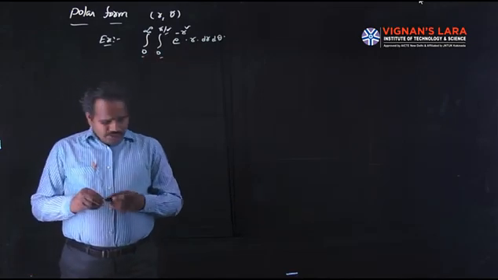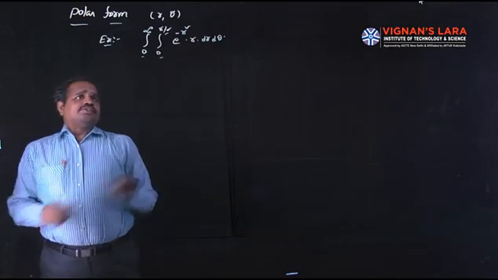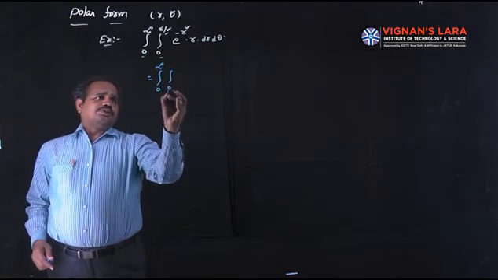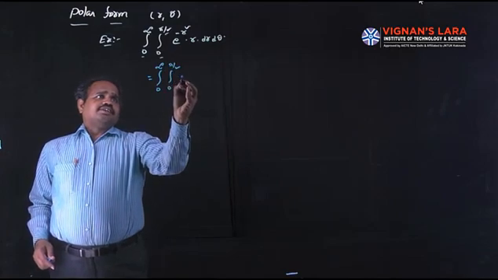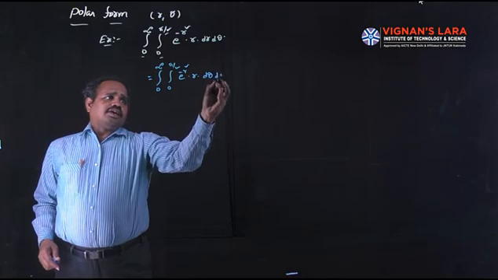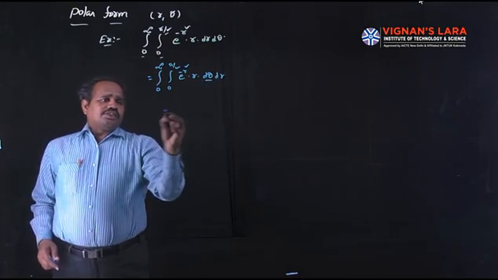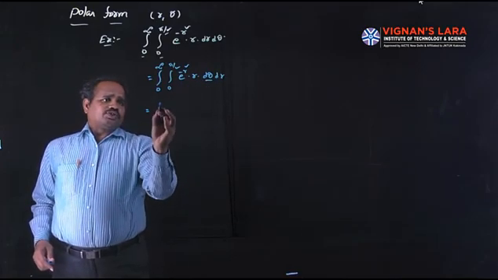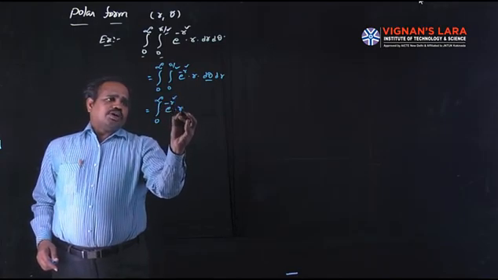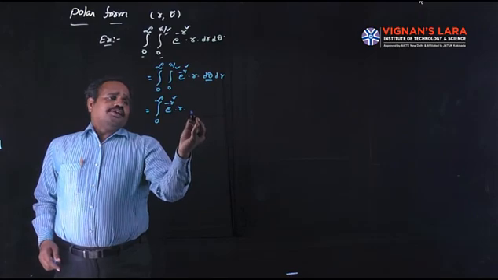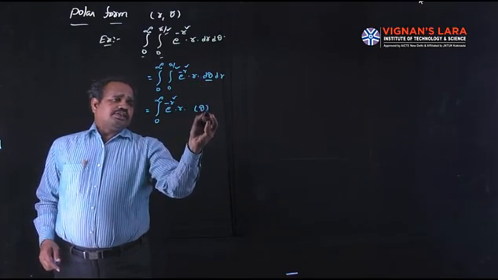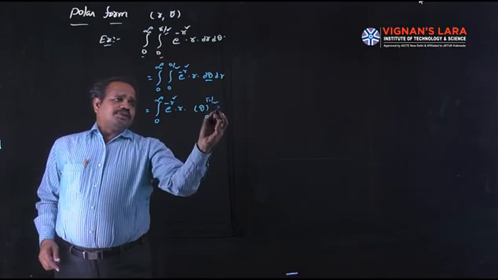So we are solving this problem, which is equal to 0 to infinity, 0 to pi by 2, rewriting e power minus r square into small r d theta dr. First I am integrating with respect to theta, so r is treated as constant. The integration of 1 with respect to theta is theta, limits 0 to pi by 2.